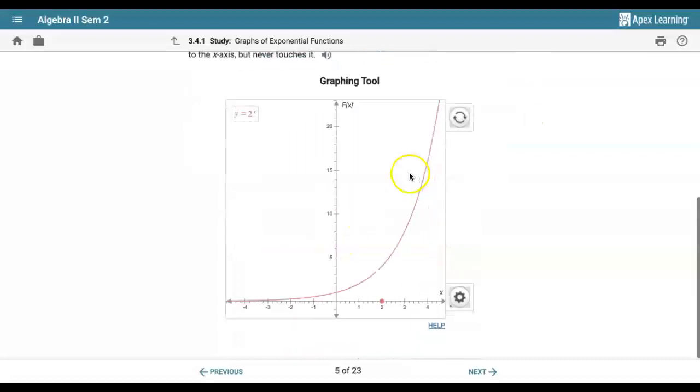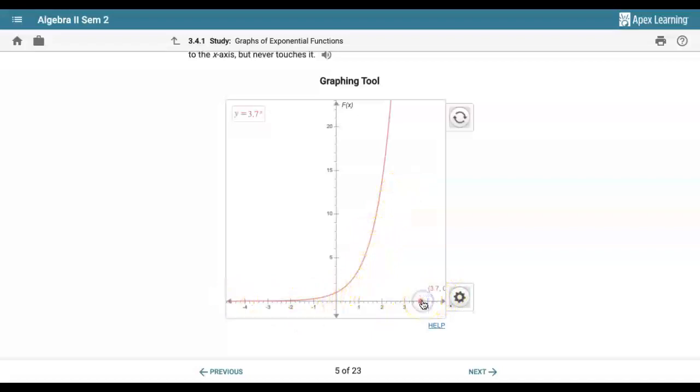This graph gets really, really close to our x-axis, but it doesn't touch. If we were to zoom in, you would see that it gets really close, but it's not going to touch.